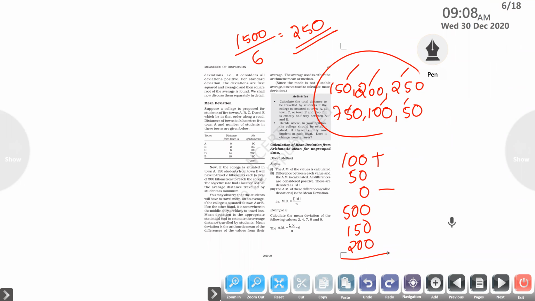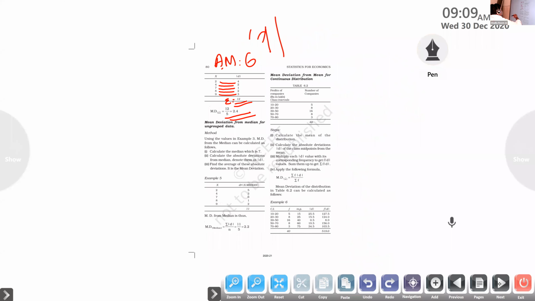So 150 plus 500, okay, 650 plus 150. What is that? 800 plus 200, 1000, right? Yes or no? So you got 1000. Then what do you want to do here? 1000 divided by how many observations are here? See, in this equation, divided by the observations, 1, 2, 3, 4, 5. Here it is 5, but in the question, it is 6.